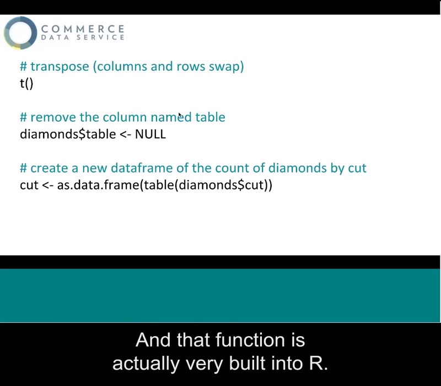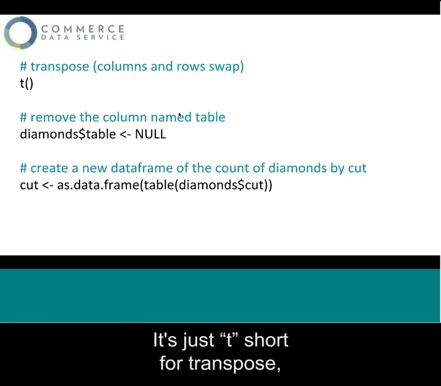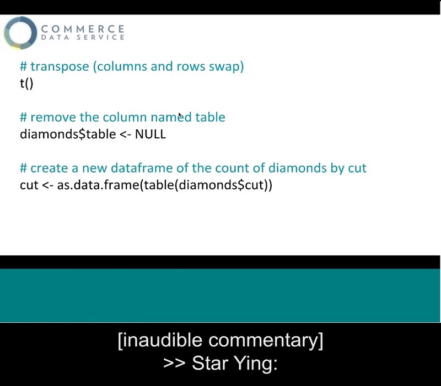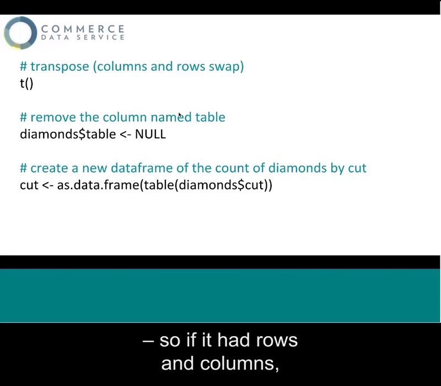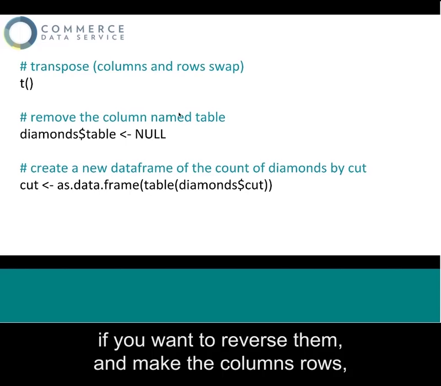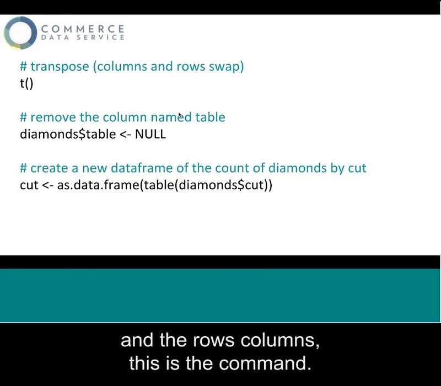And that function is actually very built into R. It's just T, short for transpose, of that object. Yeah, so if it's a two-dimensional matrix, so if it has rows and columns, if you want to reverse them and make the columns rows and rows columns, this is the command, T of that object.